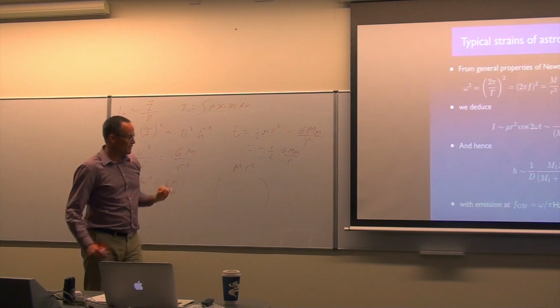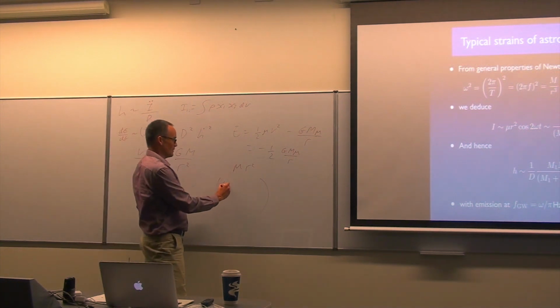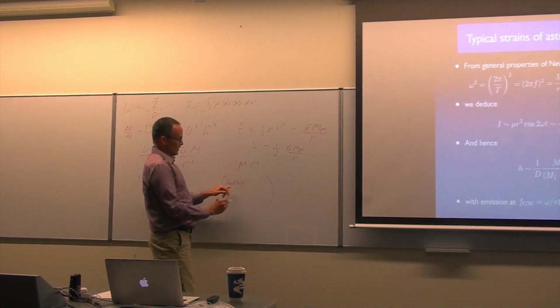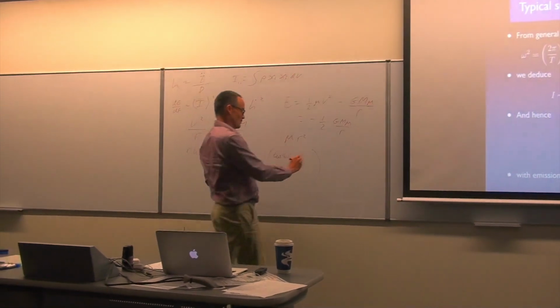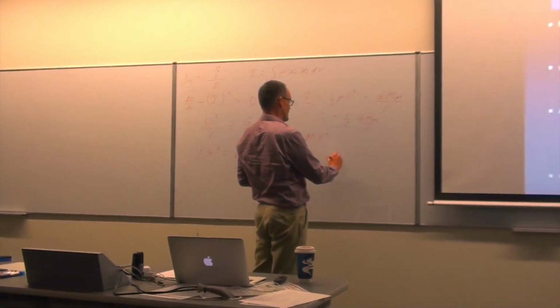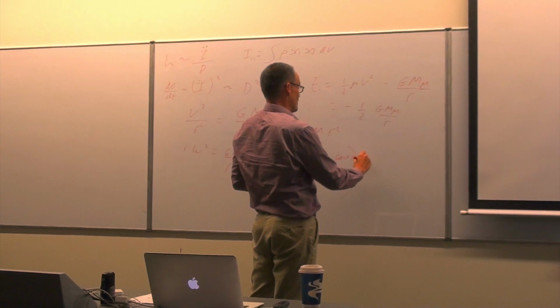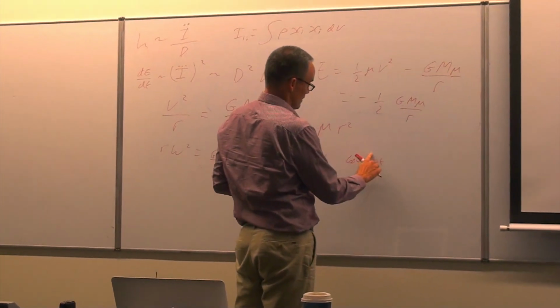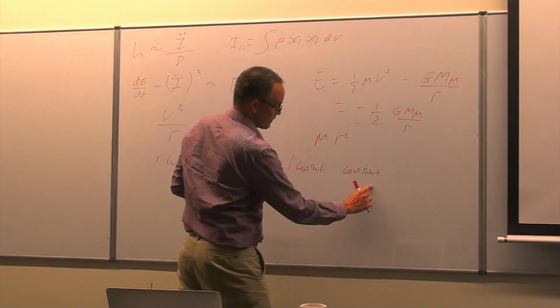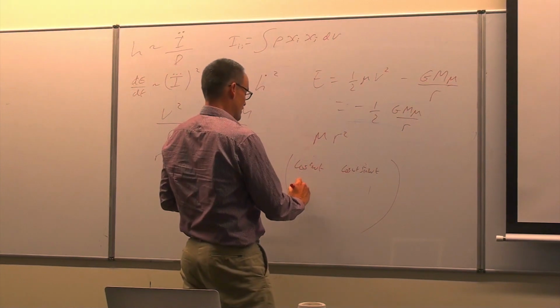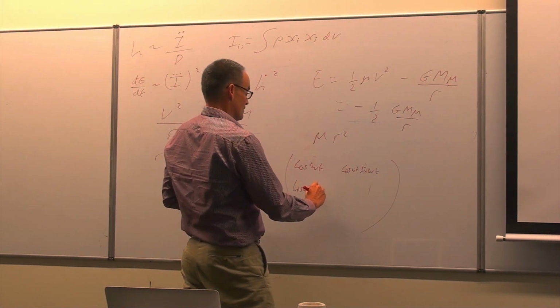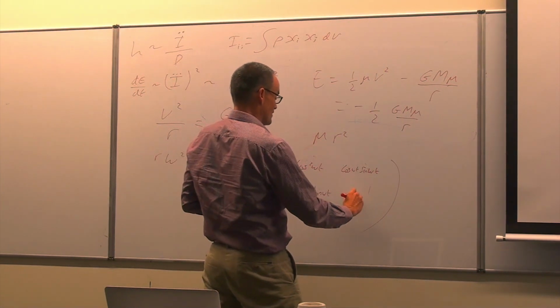So when you write out the components, you have something that looks like cos squared omega t in your xx component, a cos omega t sine omega t in the xy component, and then a sine squared omega t in the yy component.